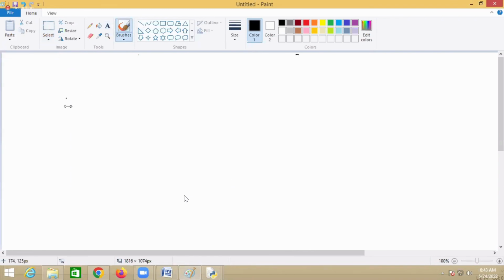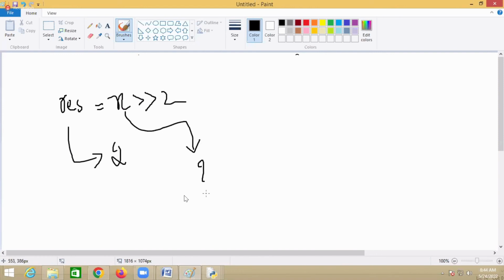Result equal to x right shift 2. The result is 2. Then if the result is 2, what is the value of x? Options 8, 4, 2, 1. What is the formula?